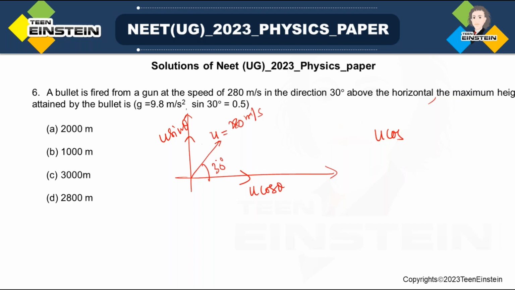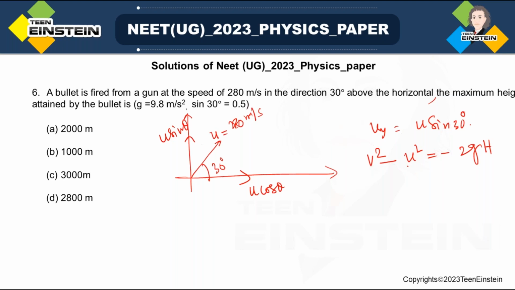So the vertical motion is governed by the initial velocity uy, that is u sin theta. Now if you want to find the maximum height, I can find that by the formula v square minus u square equals minus 2 gh. H is the maximum height attained.